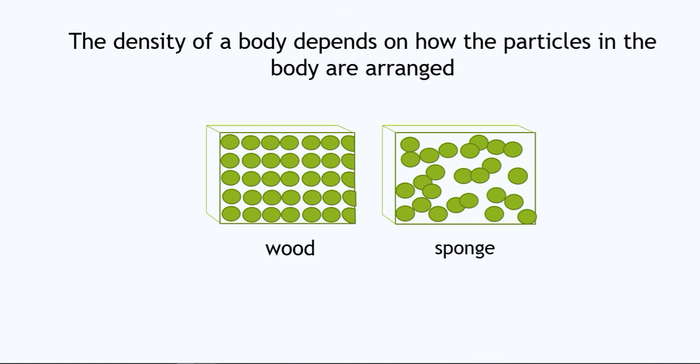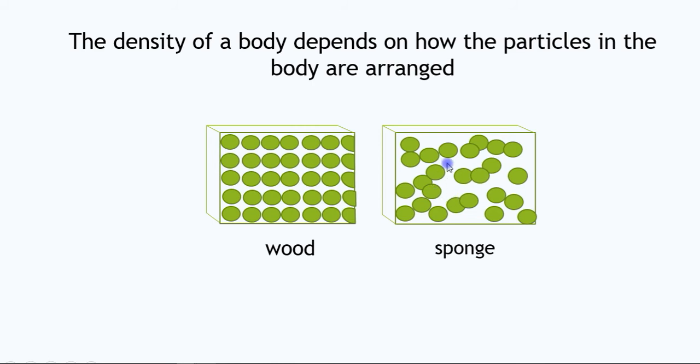Matter is made up of tiny particles, and to understand the term density, we need to see how these particles are arranged. So for wood, the particles are close together and regularly arranged. For the sponge, the particles are farther apart. There is more empty space between the particles.